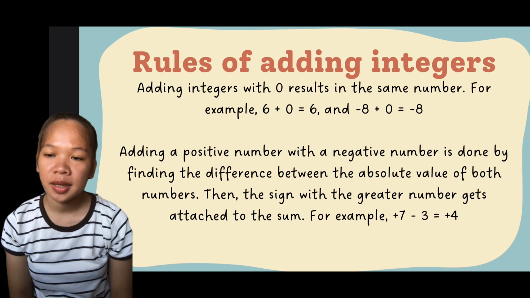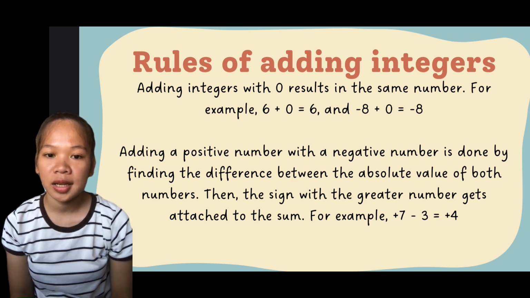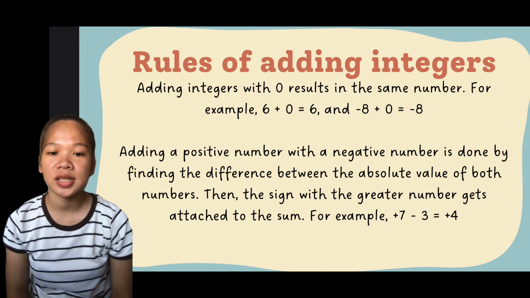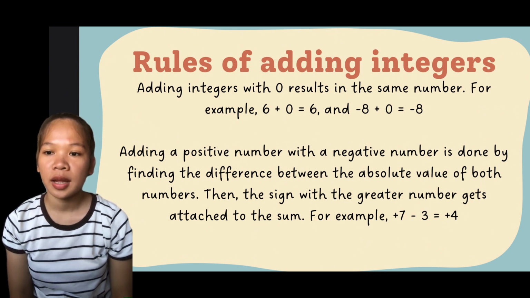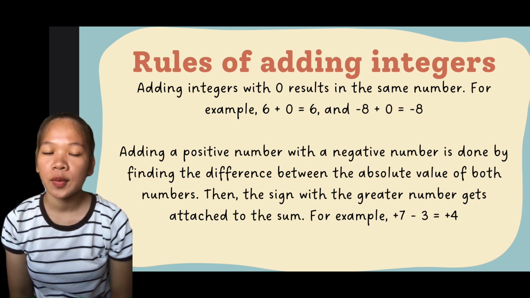And sa sign naman is mas malaki yung positive 7 kaysa kay negative 3. That's why yung sinunod natin ay yung sa malaki na number which is 7, which is yung positive. That's why we have here positive 4. So, positive 7 plus negative 3 equals positive 4.